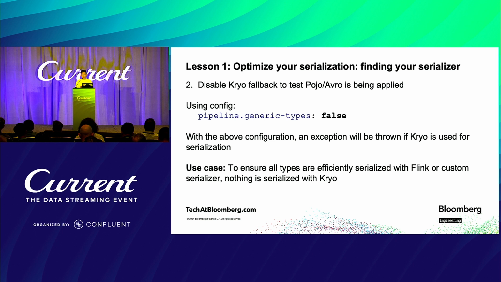With this configuration, if you set it to false, then your Flink application will throw an exception if Kryo needs to be used anywhere in your application. You can use this configuration to ensure that everywhere in your application is using one of the efficient serializers, and nothing goes through the Kryo fallback.